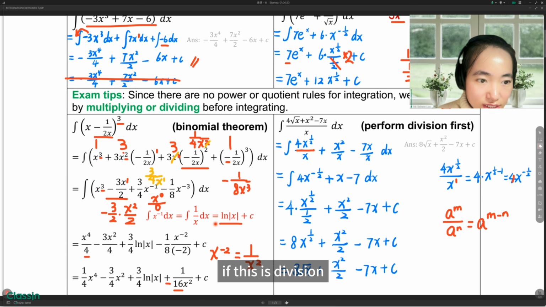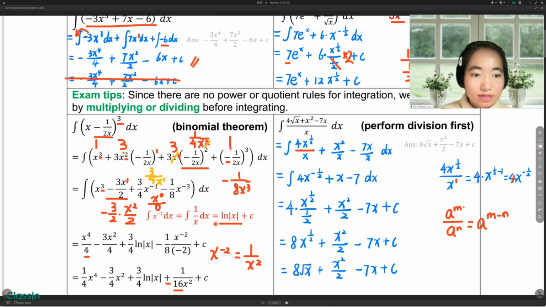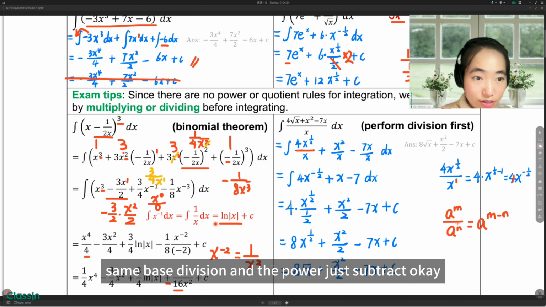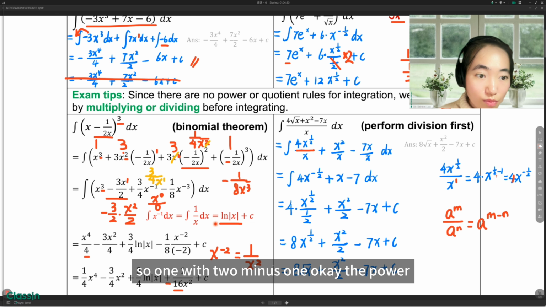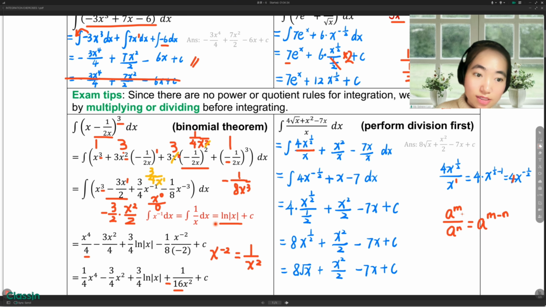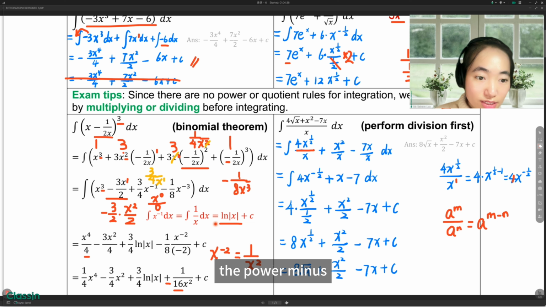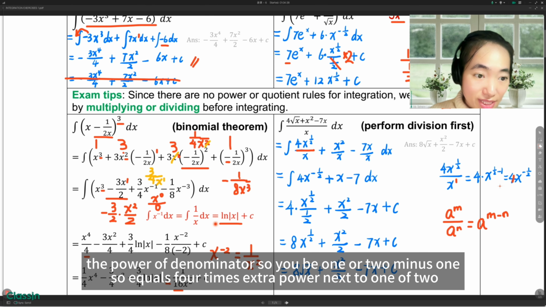So if this is division, same base division, the power just subtract. So 1 over 2 minus 1. The power of the numerator minus the power of the denominator. So it will be 1 over 2 minus 1, so equals 4 times x to the power -1 over 2.